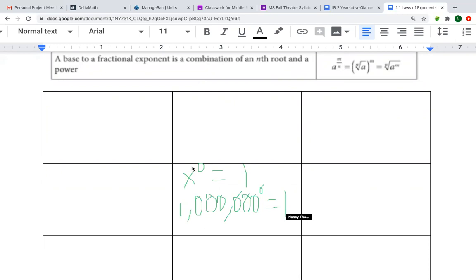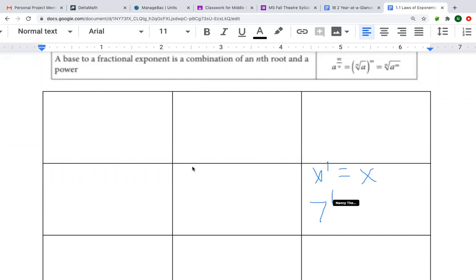Anything to the 0 power is always equal to 1. On the other side, anything to the 1st power is always itself. So if we have x to the 1st power, that's x. If we have 7 to the 1st power, that is 7.